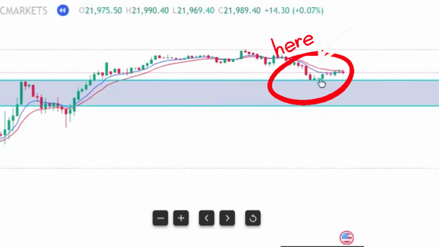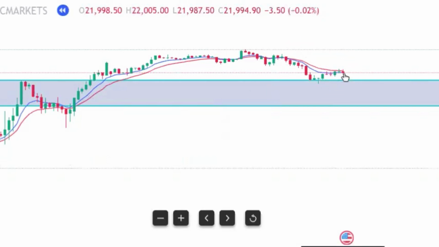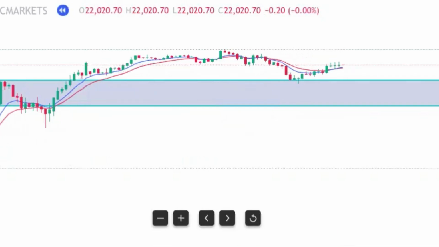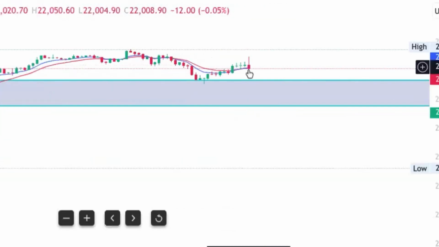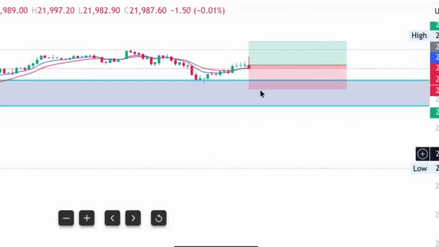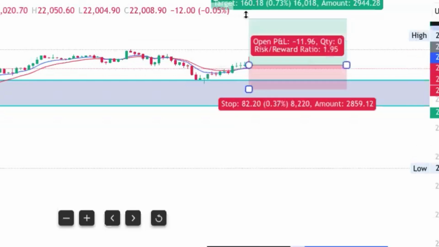So structure being created. So right here, I could literally be entering my buy position, or I could say, you know what, let me just get another confirmation, right? So right in this pullback right here, this would be my buy position, and I'm going to be aiming for 1 to 3.